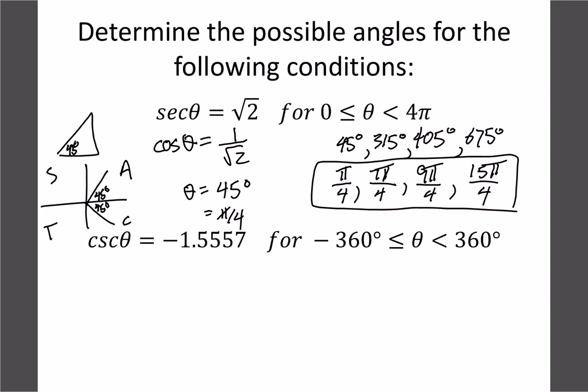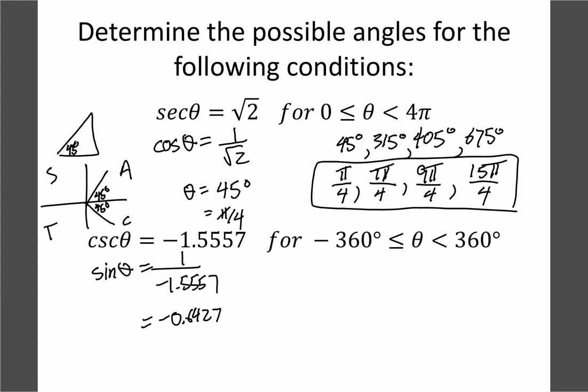Okay, so let's do one more. This last one is cosecant. Remember, that's attached to sine. So we want to do 1 over. On your calculator, go 1 divided by negative 1.5557. And that gives us negative 0.6427.